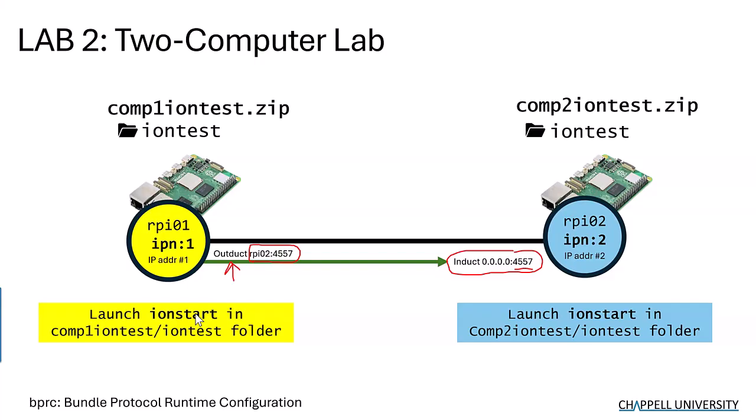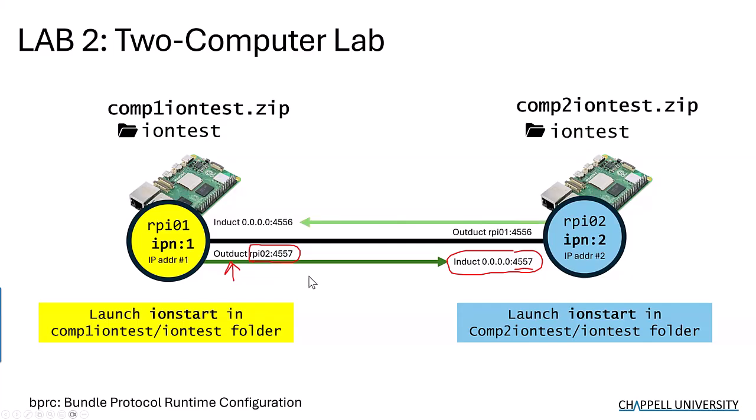Okay, so when bping goes out, it's going to go out from an outduct that defines the target. It's going to arrive on an induct that defines the receiving port number and who you can receive from. When bpecho responds to bping, because those two go together, bping sends a bundle ping and bpecho is what echoes it back. It does it on a separate TCP connection.